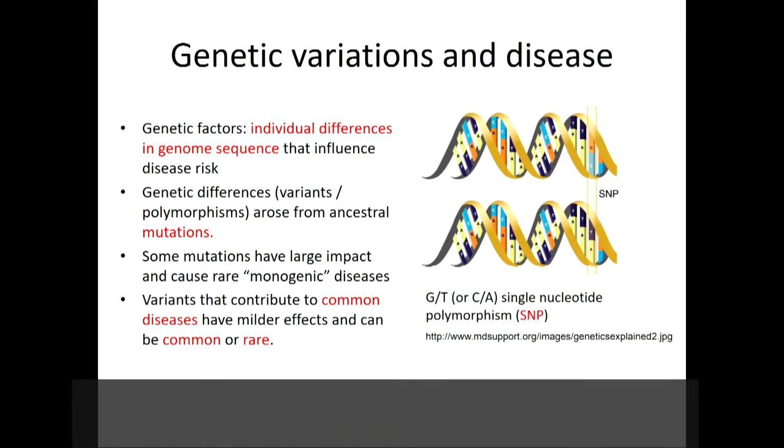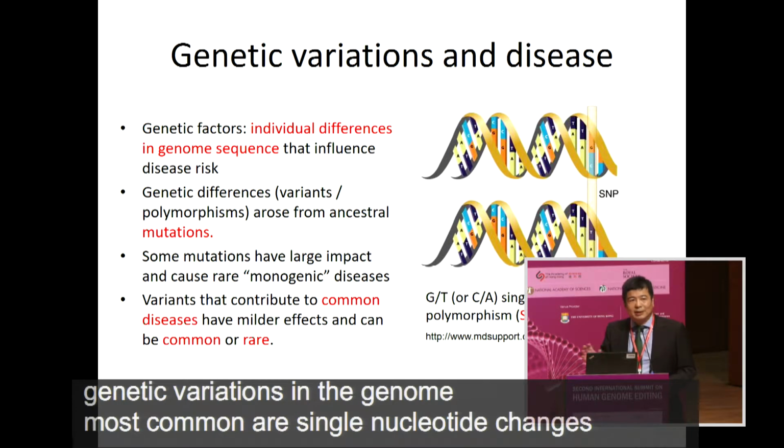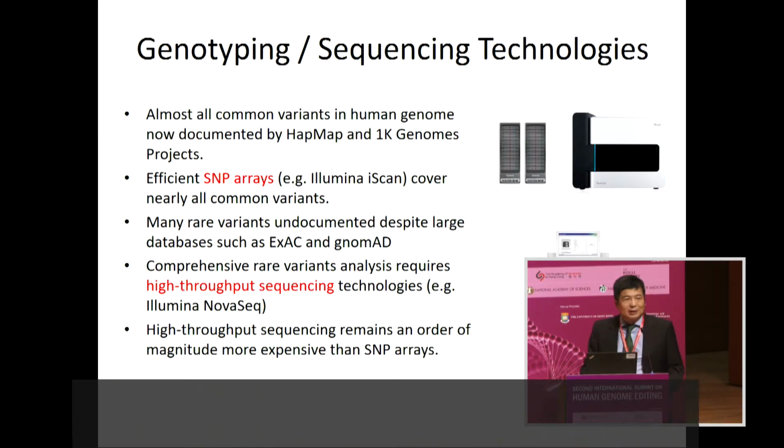These variants arose from ancestral mutational events, and when they have a large impact on the individual, they cause monogenic diseases. But many variants have more modest or minor effects, and they contribute to common disorders. These variants that contribute to common disorders can be common or rare.